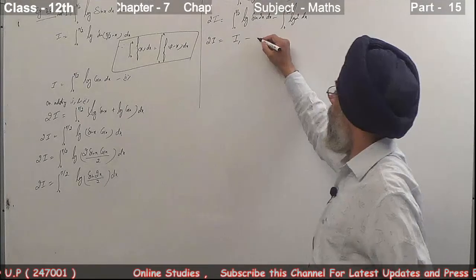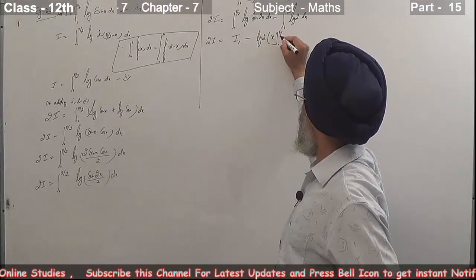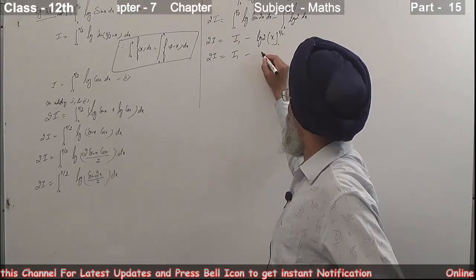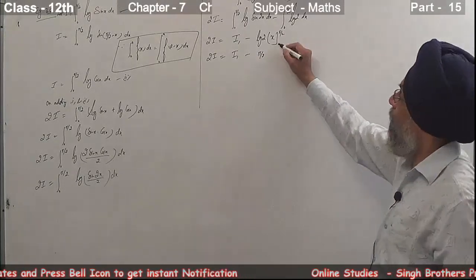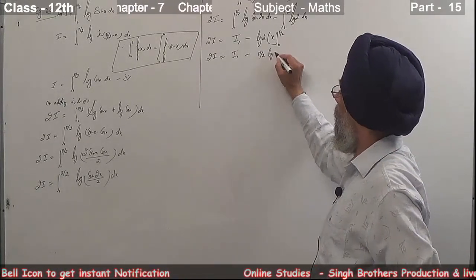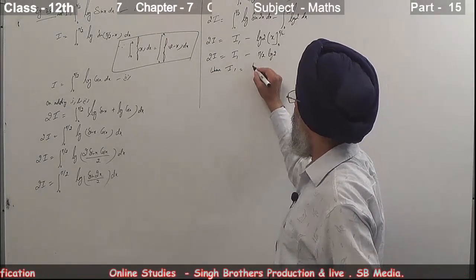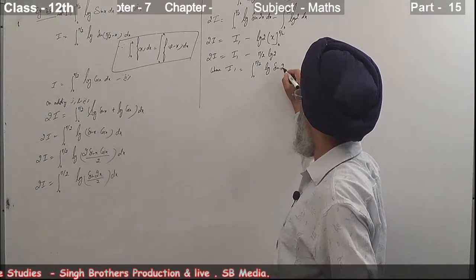It becomes log 2 x with the limit 0 to pi by 2. 2I is equal to I1 minus, if we place the value of limit here, it becomes pi by 2 minus 0, pi by 2, so pi by 2 log 2. Now where this I1 is equal to the integral from 0 to pi by 2 of log sin 2x.